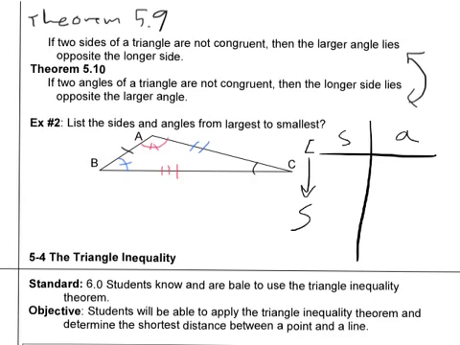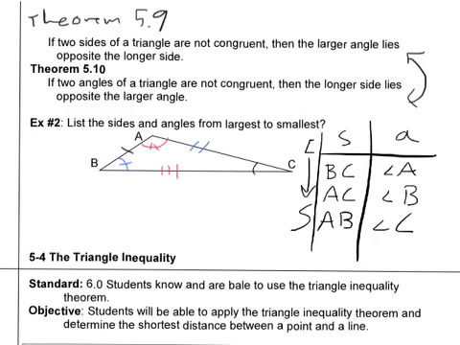The largest side was BC, then AC, and the smallest was AB. The largest angle had to be angle A, then angle B, because that was opposite the middle side, and the smallest angle is angle C, which is opposite the smallest side.